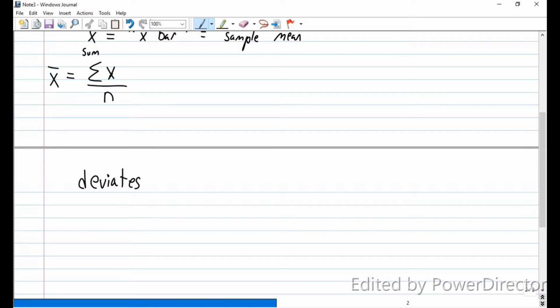Well, in math, if a value deviates from another value, then that's just how far away it is, the difference that it is. Because there's a term we're going to use called the standard deviation. It's a big statistics term. And I want to make sure you understand what deviate means. We'll use it in another formula soon, so you'll get a little practice with what a deviation actually is.